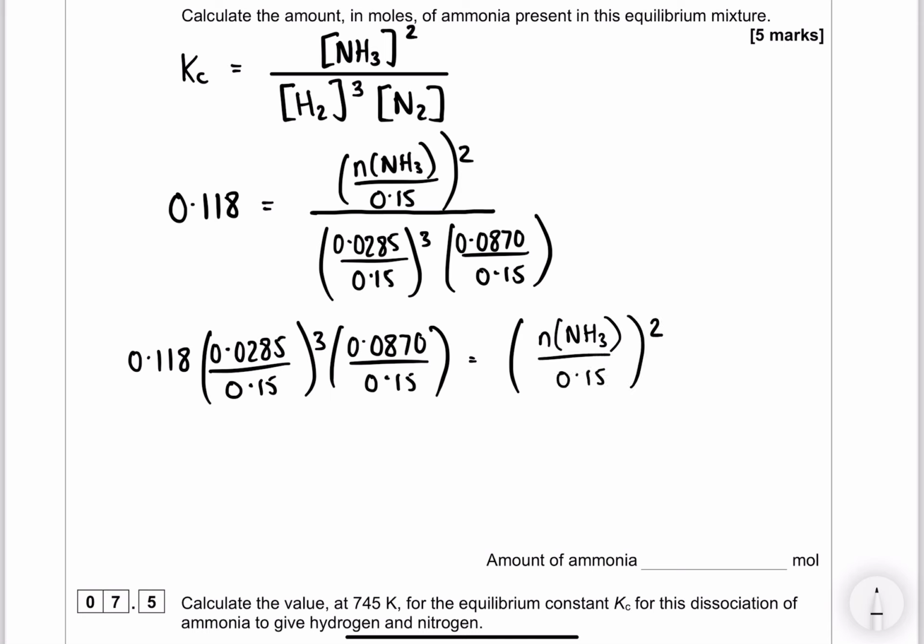So let's put that in the calculator. And we've got 0.087 over 0.15. So 4.69 times 10 to the minus 4.